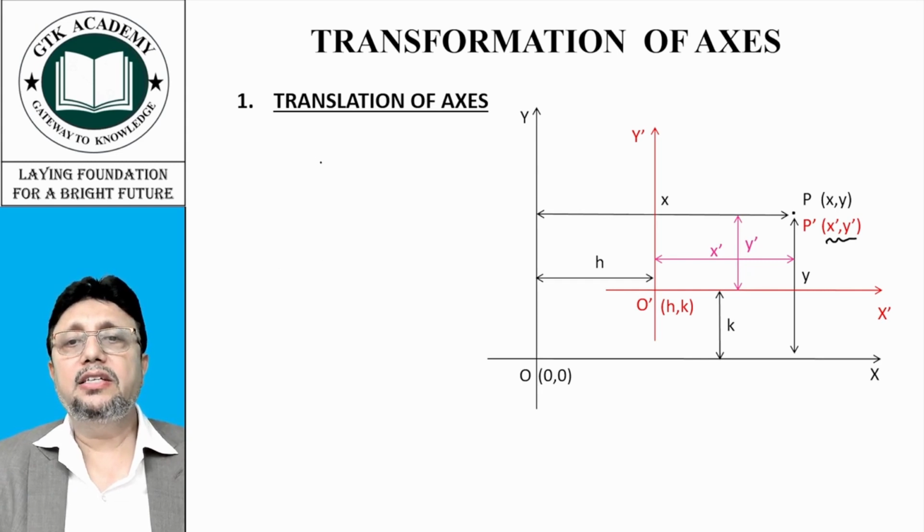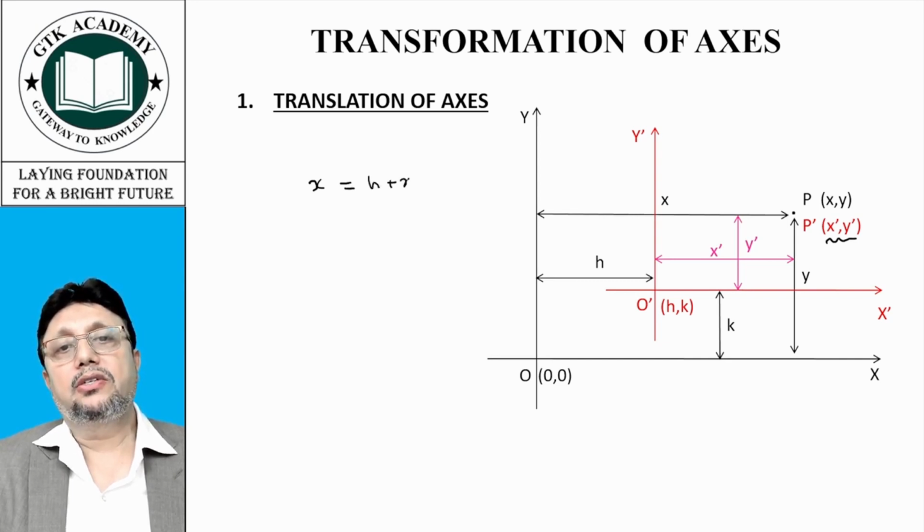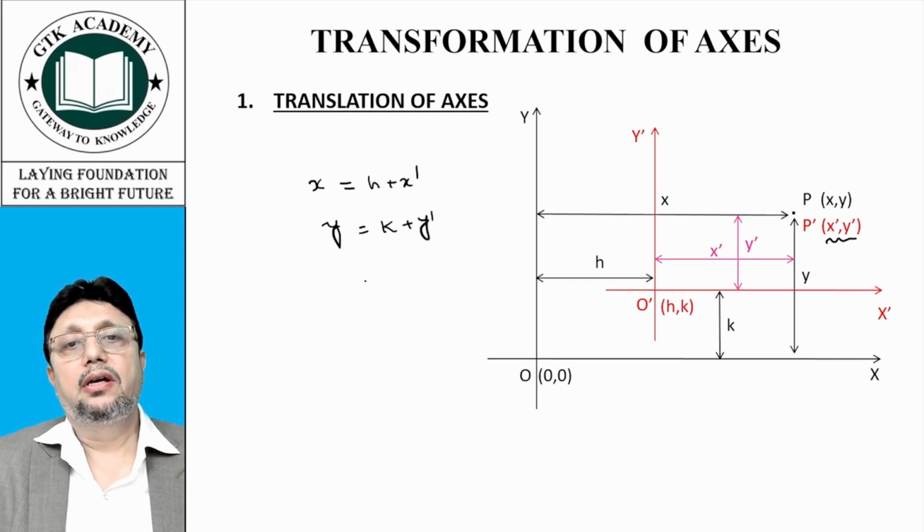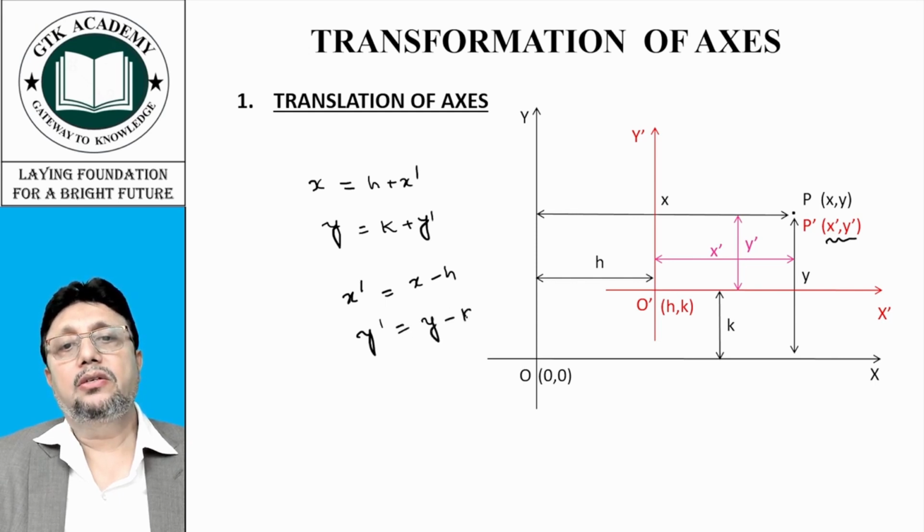It can be easily seen from the figure that x is equal to h plus x dash and y is equal to k plus y dash. That means the new coordinates are x dash equal to x minus h and y dash equal to y minus k.